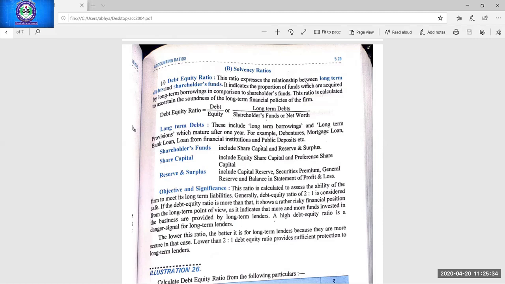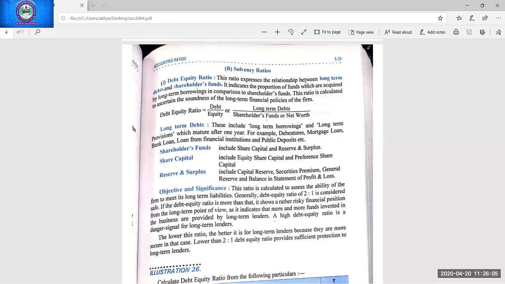And I told you earlier, you can write what will be the part of the non-current liability or debt. Write down debt is equal to long-term borrowings plus long-term provisions. When we were doing balance sheet, I told you 4 subheads for non-current liabilities: long-term borrowing, deferred tax liabilities, third was the other non-current liabilities, fourth was the long-term provisions.